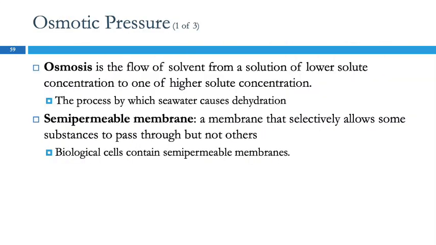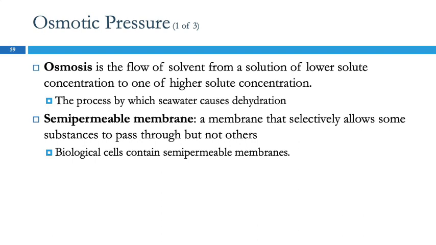Another colligative property is called osmotic pressure. Osmosis is the flow of solvent from a solution of lower solute concentration to one of higher solute concentration. This is the process by which drinking seawater causes you to become more dehydrated.